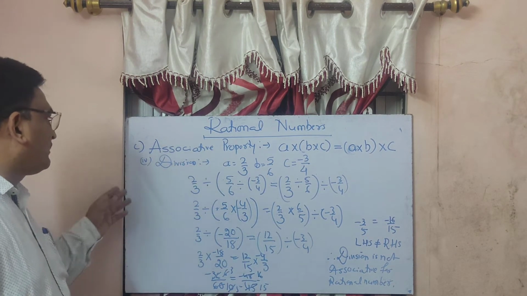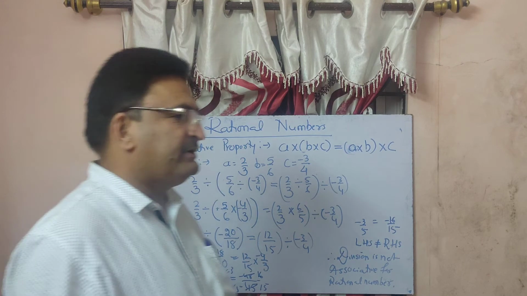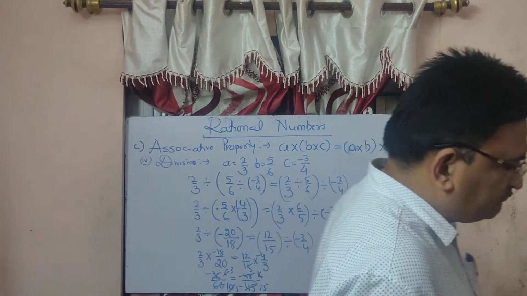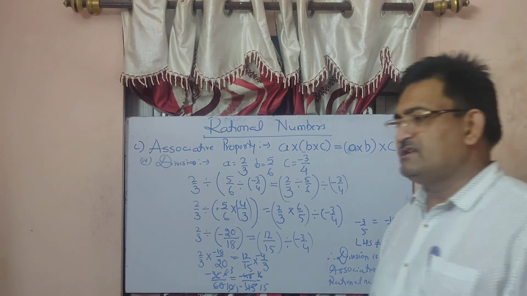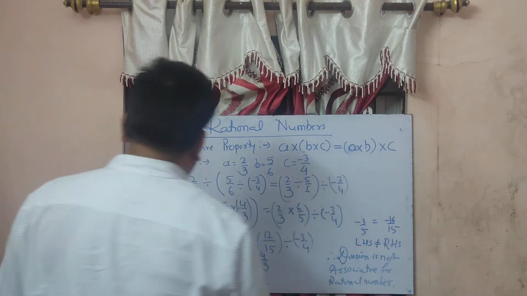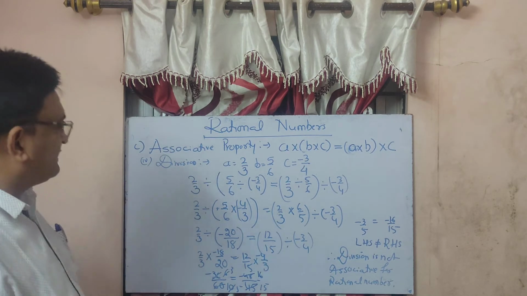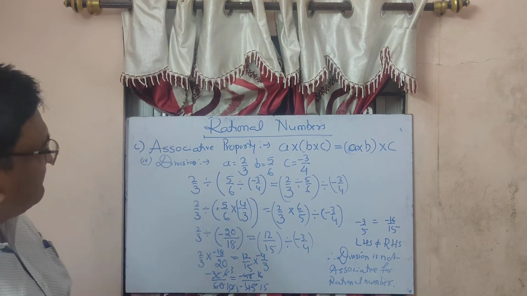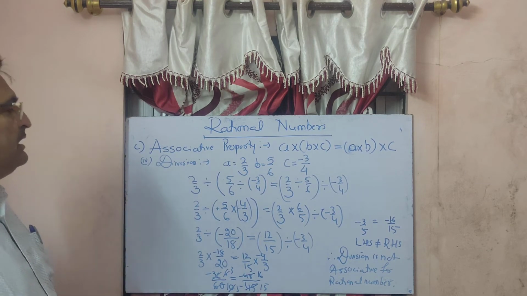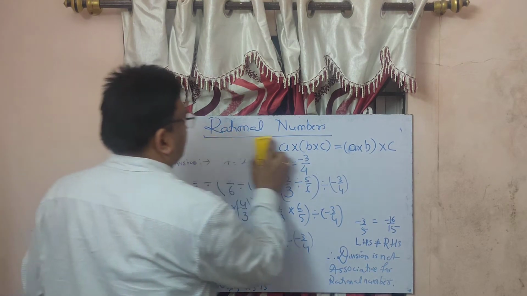Whereas in commutative property, subtraction and division is not commutative. And whereas in associative property, what is that? Subtraction and division is not associative property.